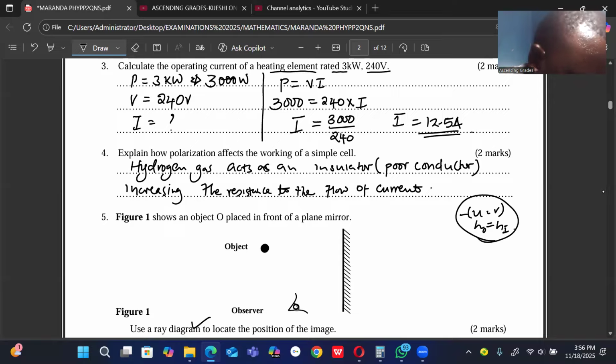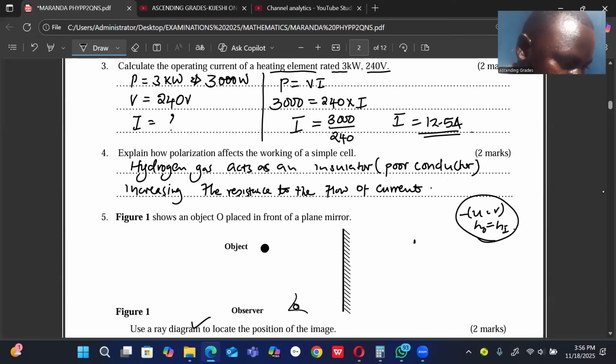Therefore, I'm supposed to also make a distance of 3.3 behind the mirror. 3.3. So this is where I'm going to form my image.